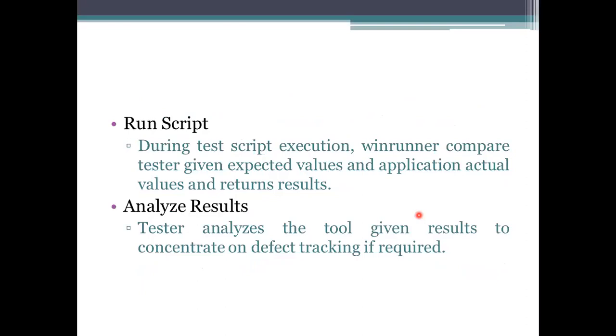Here we take the test script information and check whether it gives the expected results when compared with the actual results. If you have contradictions between the actual results and the expected values, we need to analyze them.